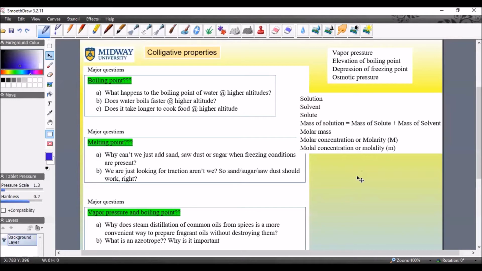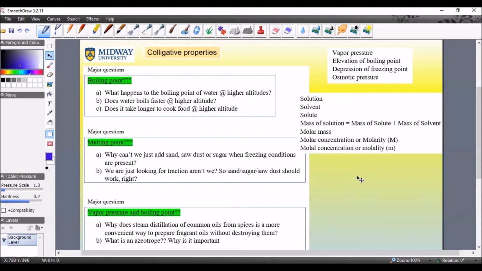Hopefully, at the end of learning this entire concept of colligative properties, you might be able to answer some of the questions I posted here, or at the end of intermolecular forces or kinetic theory of gases, something we'll learn next.